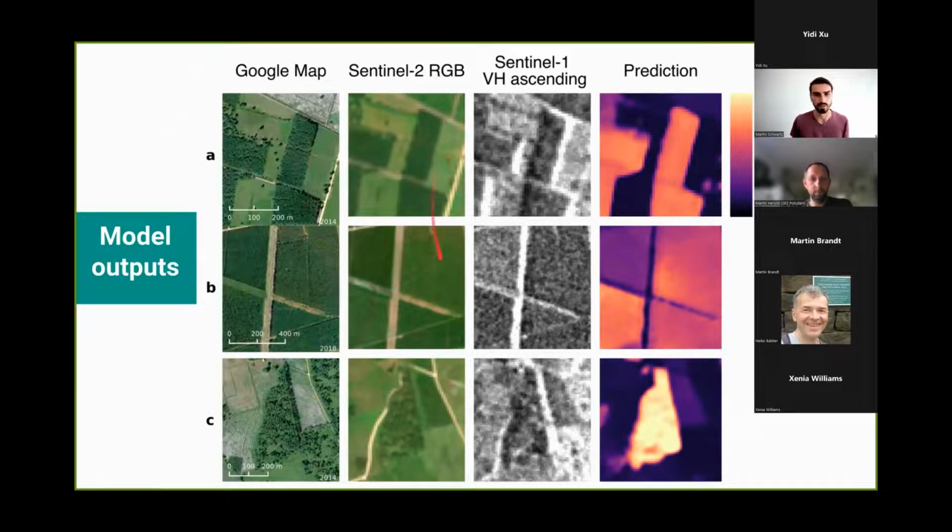Here is the Sentinel-1 image, and this is the prediction based on those two images. And what we can see is that the model is really able to differentiate the different forest stands, with the different colors indicating the difference of height. So here we have the forest which is lower than this one, and this one is a bit higher than this one, etc.